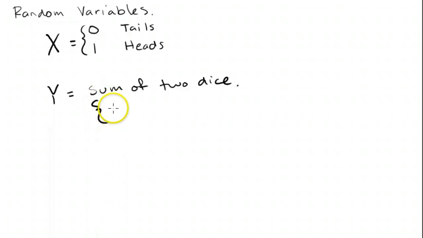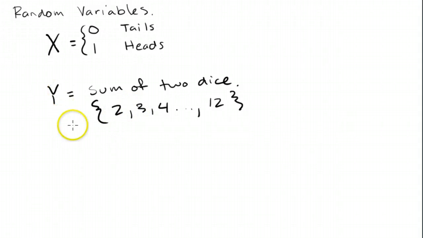It could be anything from 2, 3, 4, all the way up to 12 if I get 6 plus 6. And so y is another random variable because its value is determined by the sum of 2 dice, which is a random event.